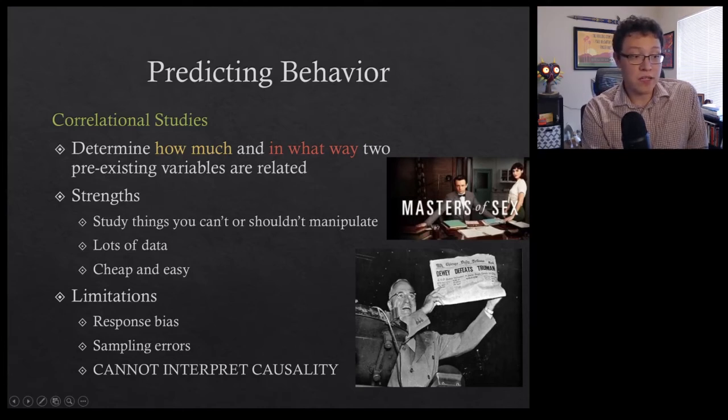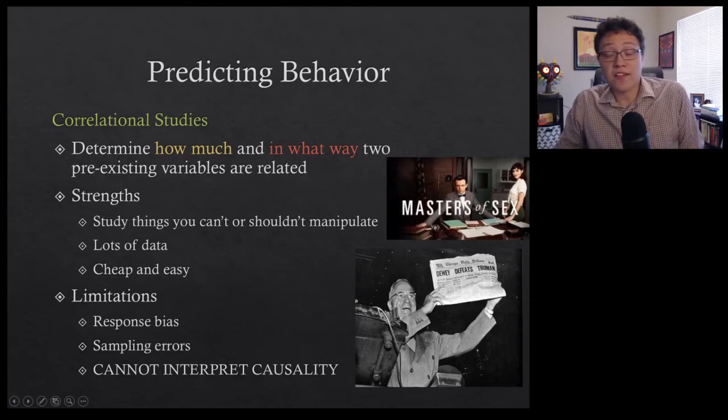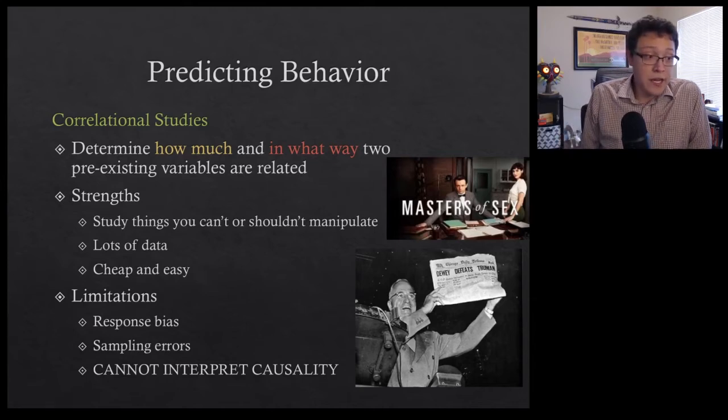The Chicago Daily Tribune said that he lost the election. He did not. So what happened is they happened to oversample people who voted for Dewey, and they assumed incorrectly that Dewey was going to win the election, right? So we know that this is useful, but not always perfect.